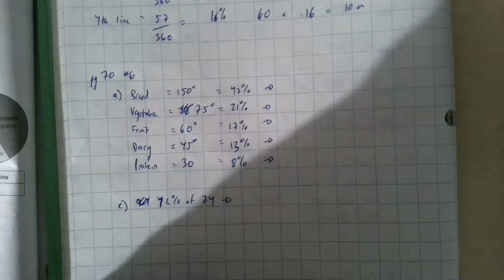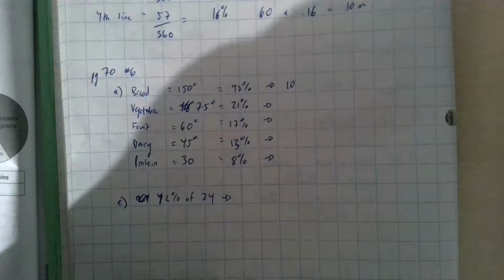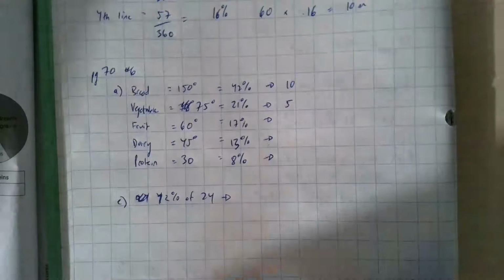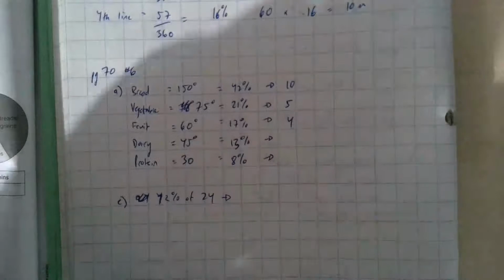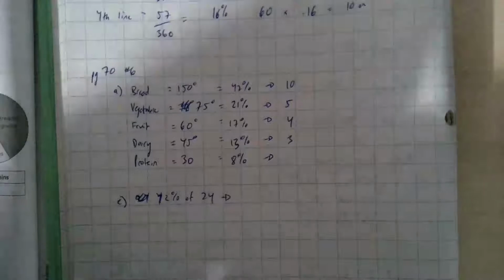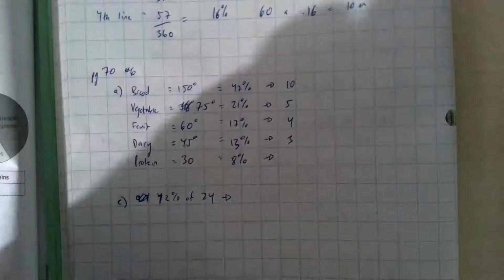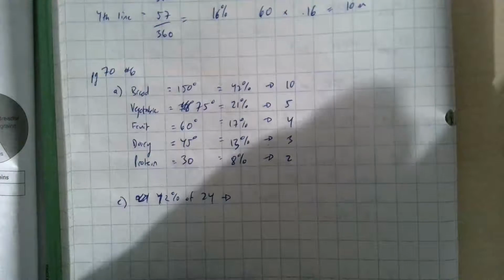Now I got to make sure 0.42 times 24 equals, so I get 10 servings of this. 0.21 times 24, 5 servings of this. This is probably going to be 4 servings, would be my guess. 4 servings. 3 servings. And the last one, 2 servings. Okay, and that sort of shows me generally what she is eating.